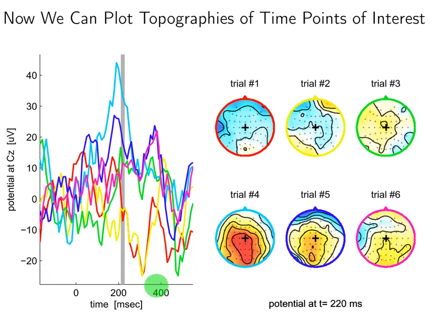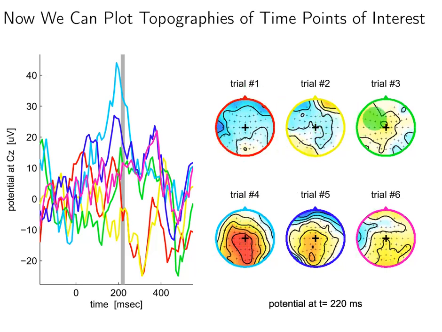So in this plot we see data from a single channel, CZ, at the 220 millisecond time point. And then if you map those amplitude values to the following color-coded or heat map distribution on the surface of the scalp, where each cross corresponds to a channel, we can see different distributions.